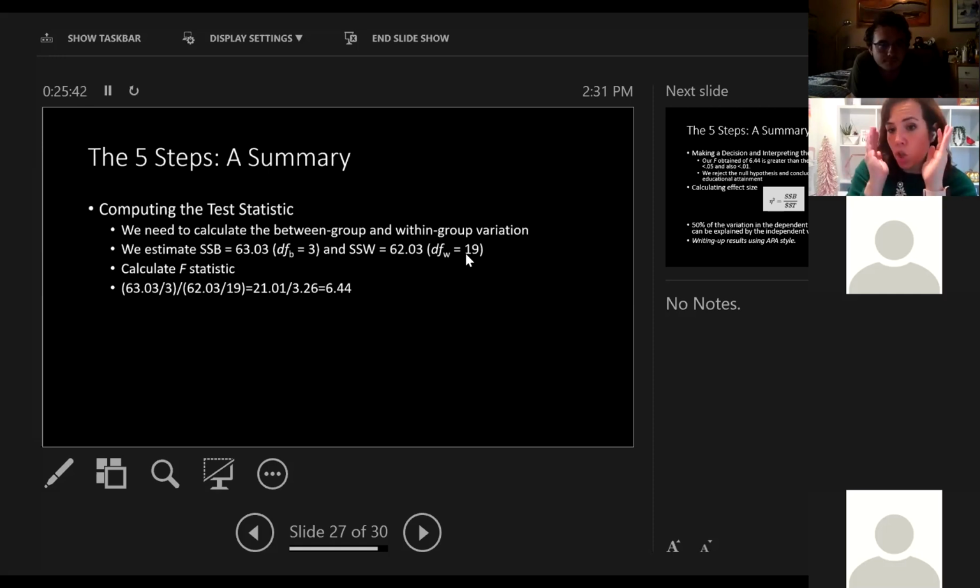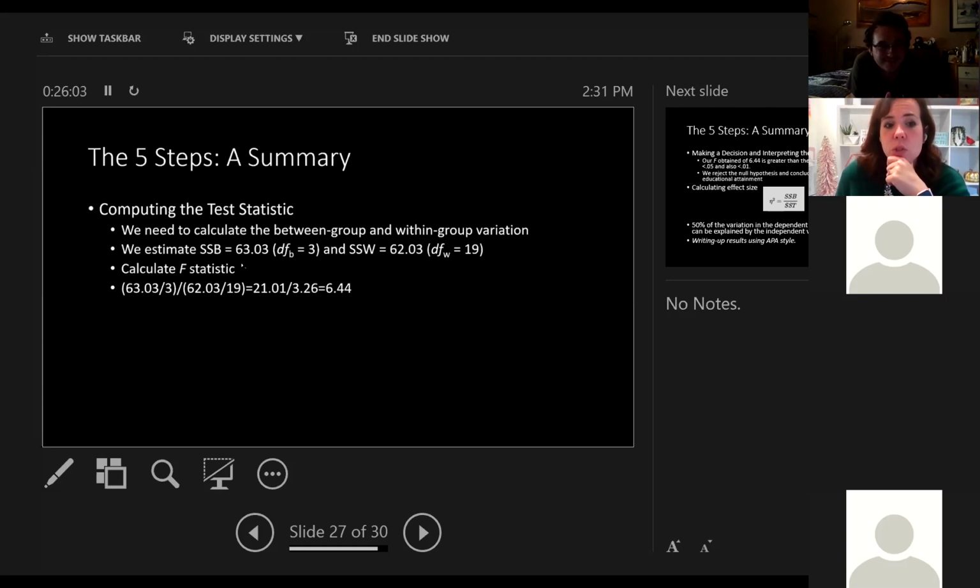Degrees of freedom is your total number, which I think was 1824, I think, or 23, minus the total number of groups. So yeah, I guess I could figure that out. 19 plus 4, 23. Then you calculate the F statistic.